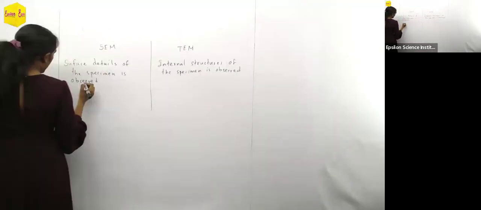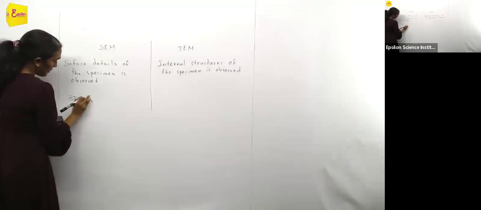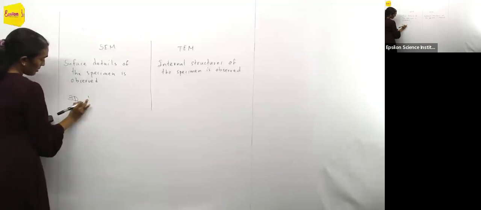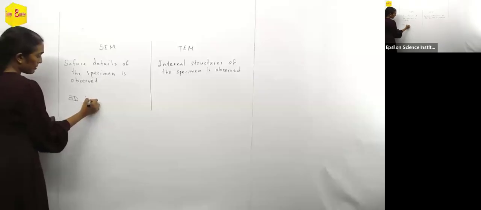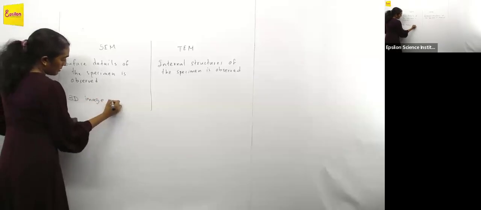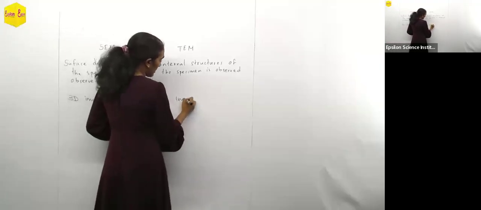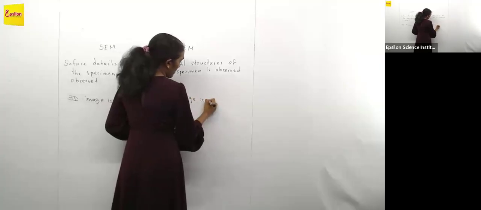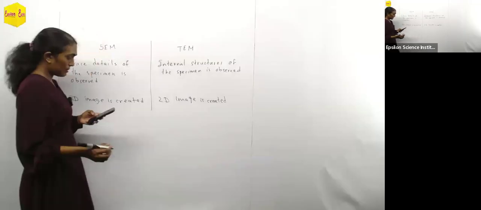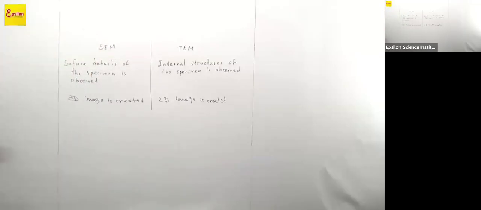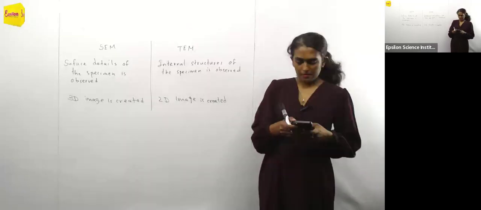And then here, in SEM a three-dimensional image is created. Here, a 2D image is created. In both the cases, heavy metals are used to stain. All right. So those are the two major differences here.